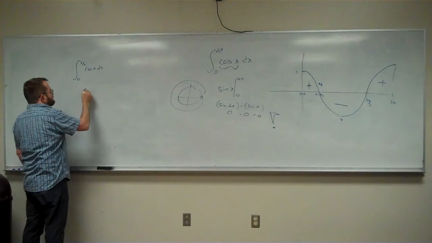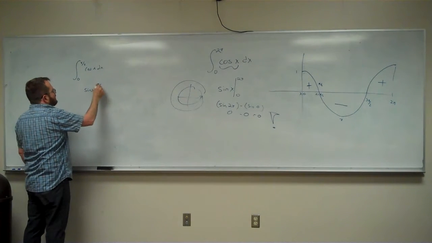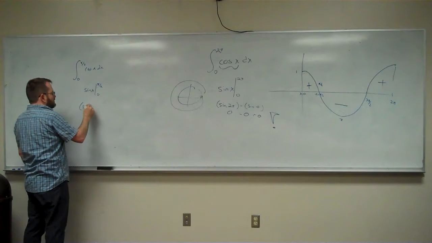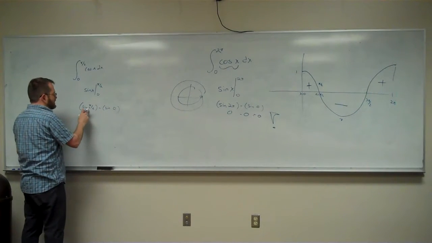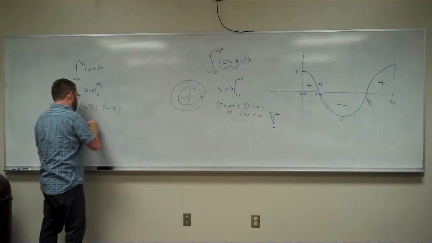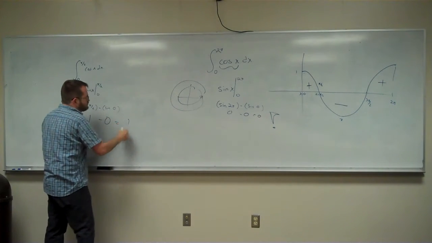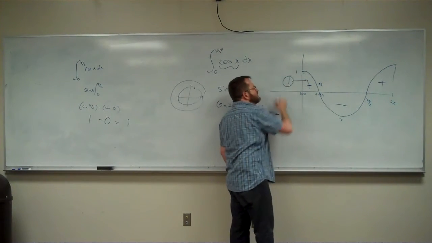The antiderivative of cosine is sine, and we're evaluating this from 0 to pi over 2. That means it's sine of the top number minus the sine of the bottom number. Sine of pi over 2 is 1. Sine of 0 is 0. It equals 1. This area right here happens to be 1.